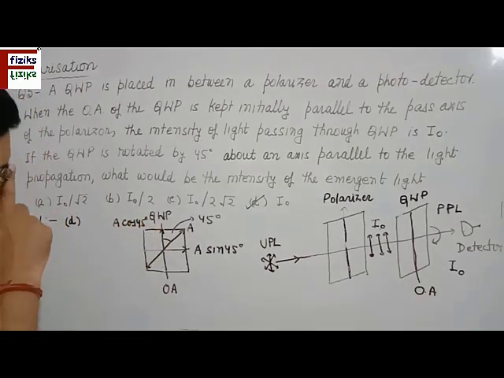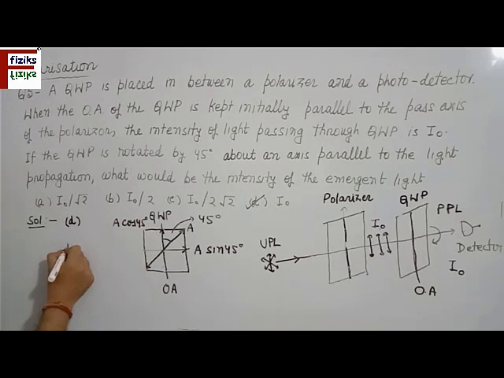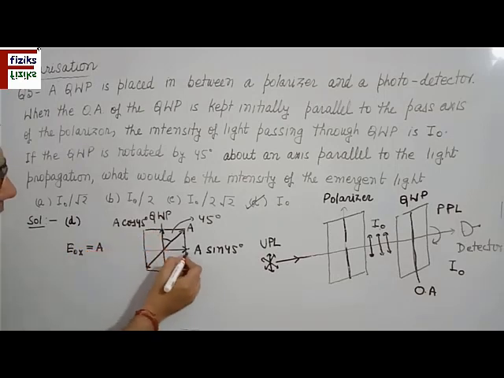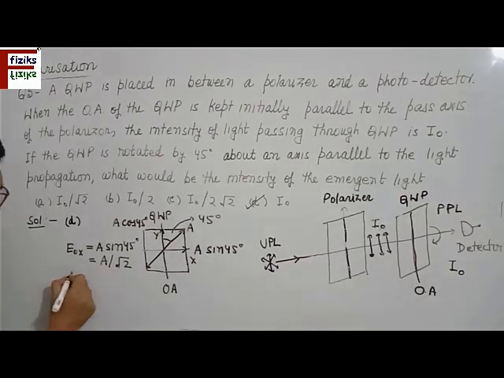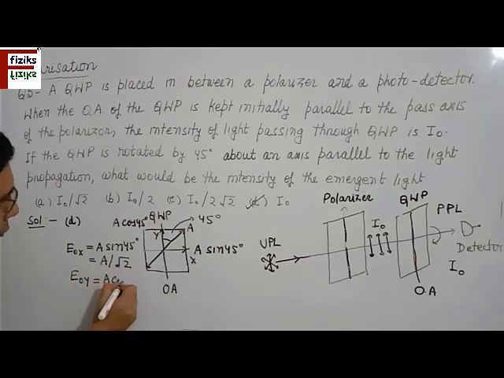Suppose this is the x axis and this is the y axis. Then E naught x is equal to A sin 45 degrees, which is A upon root 2, and E naught y will be A cos 45 degrees, which is again A upon root 2.